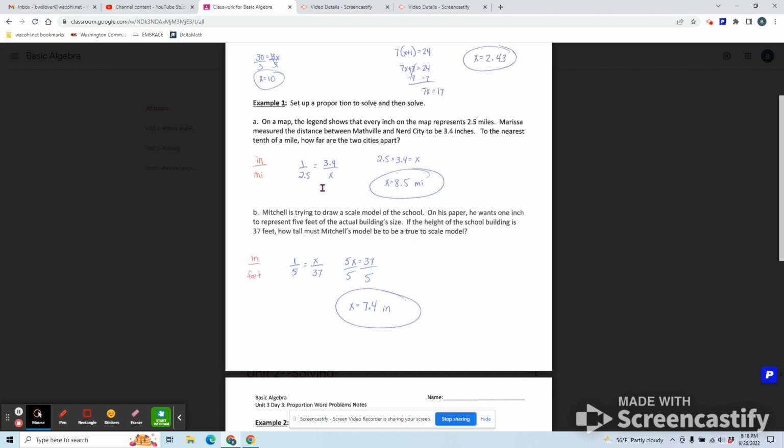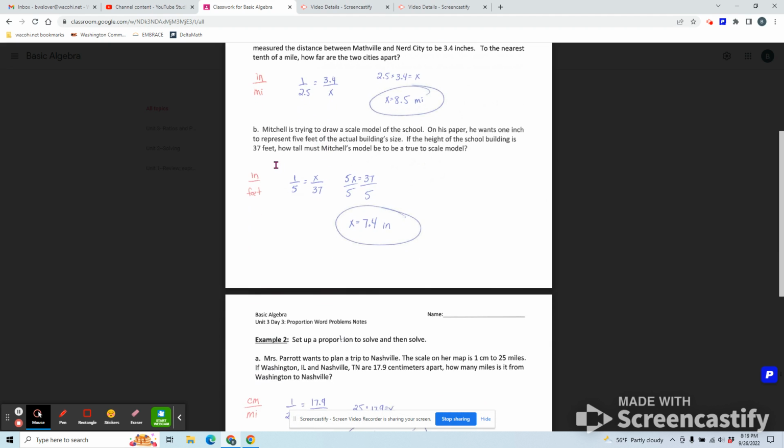If I came up with an answer of 8,500, do we think that would be reasonable for two cities that are only 3.4 inches apart? Probably not. That would mean I did something wrong. As you work through all of these examples on the notes and on the homework, make sure that you do a very quick check: does this make sense? Is this a reasonable answer?